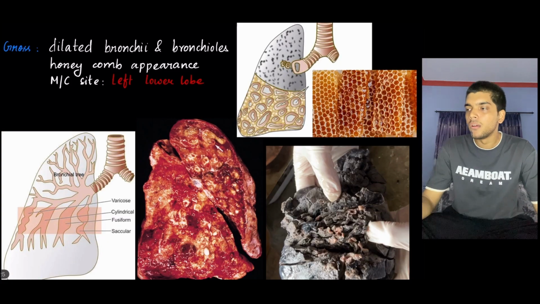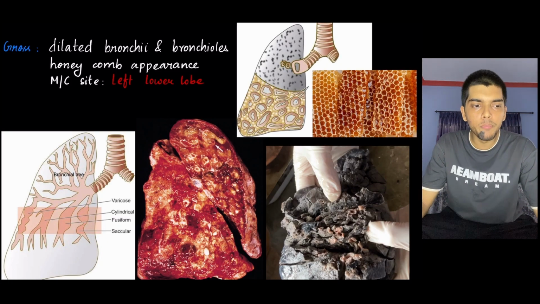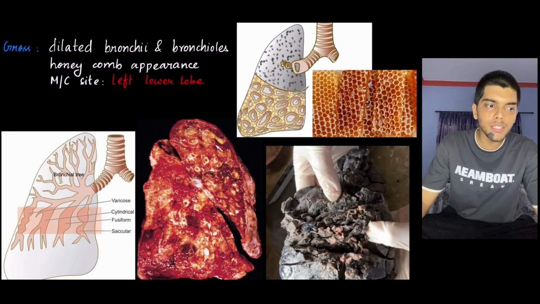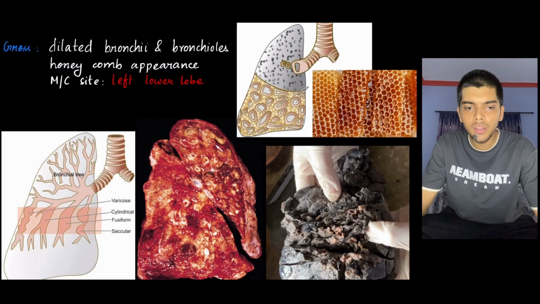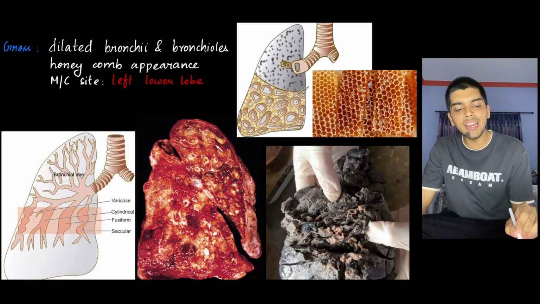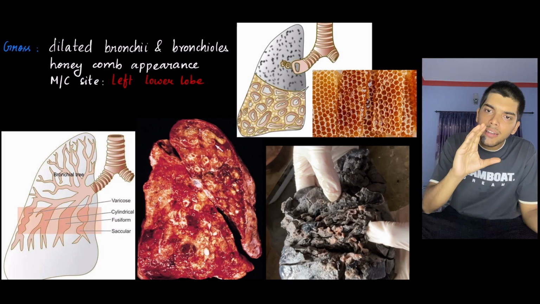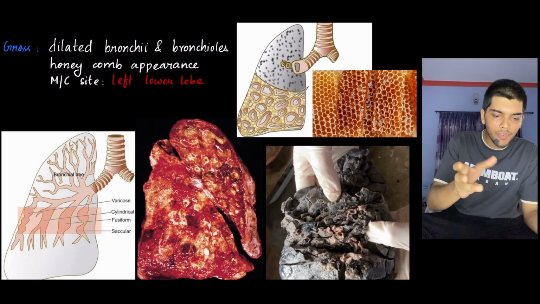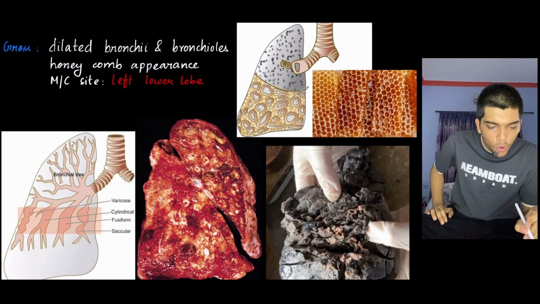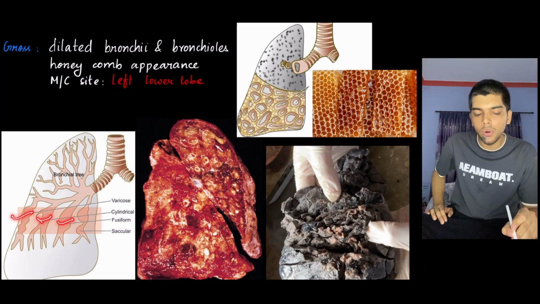Gross. What did I say? What is bronchiectasis? It is the permanent dilatation of bronchi and bronchioles. So what do you expect to see in gross? The dilated bronchi and bronchioles. Now, depending on the shape of the dilation, there are various types. You have varicose, cylindrical, radish-like fusiform, or saccular.